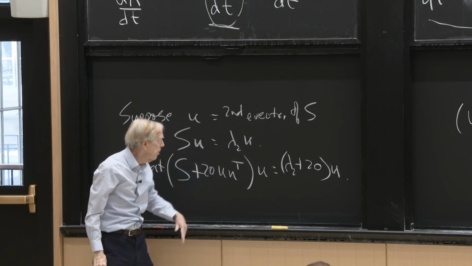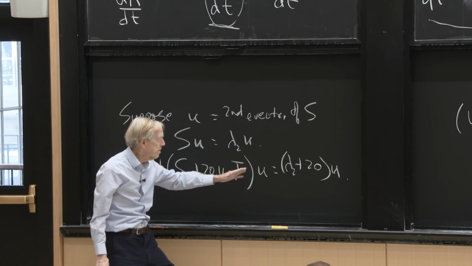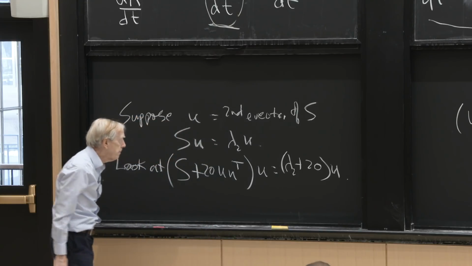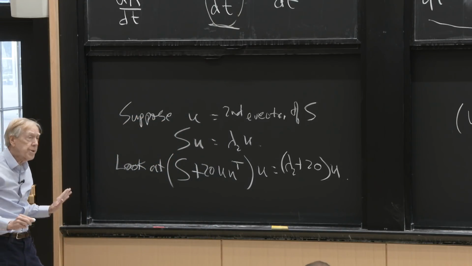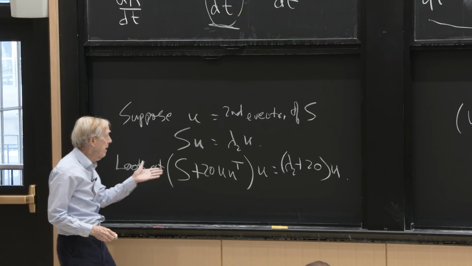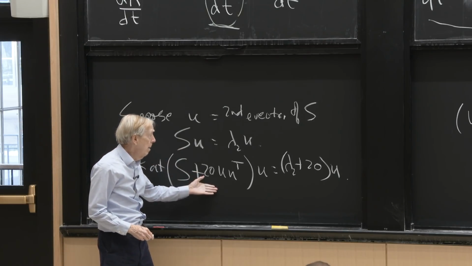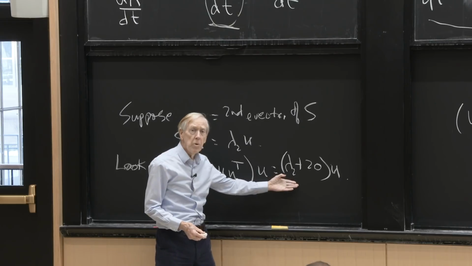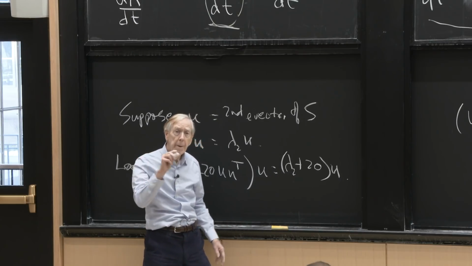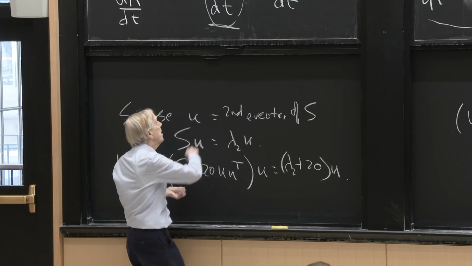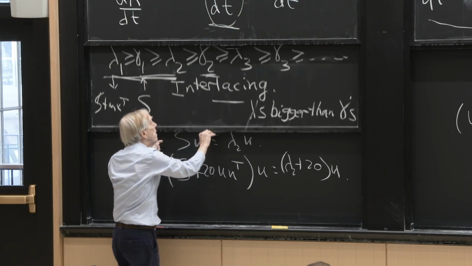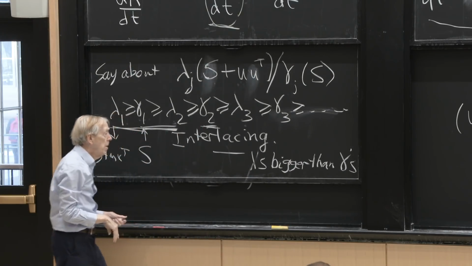S u is lambda 2 u, and this 20 is 20. u is a unit vector. So you see my worry? Here I'm doing a rank 1 change, but it's moved an eigenvalue way, way up. So how could this statement be true?